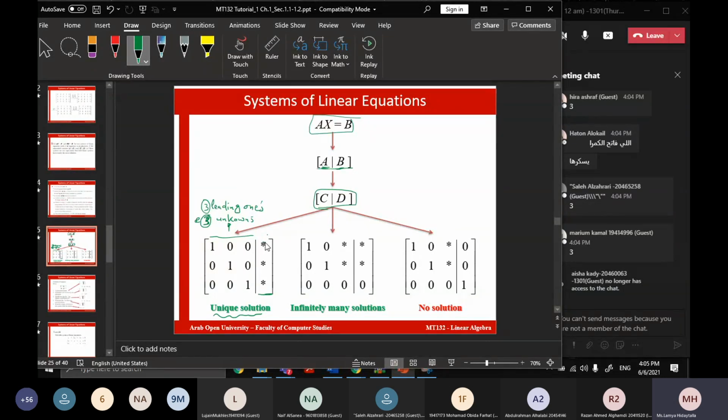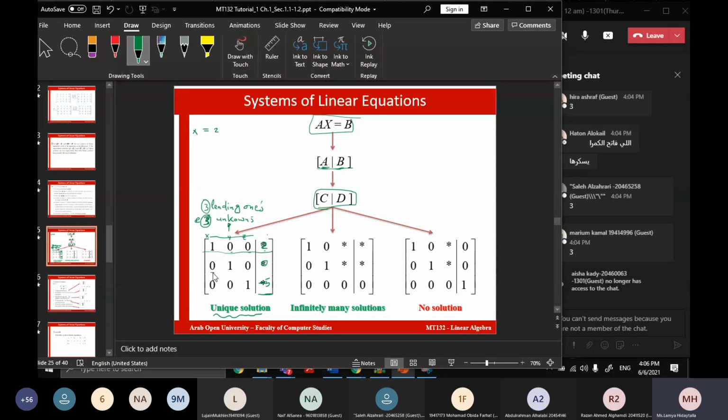How can we find the solution? Let me give some numbers: for example 2, 0, and then minus 5. What is the solution? Each row is an equation. This is for the x, this is for the y, and this is for the z. So 1 times x, 0 of y, 0 of z, is equal to 2. So x is equal to 2.